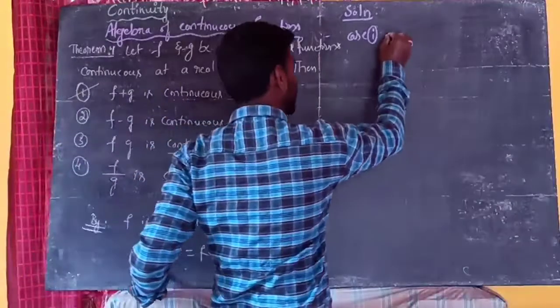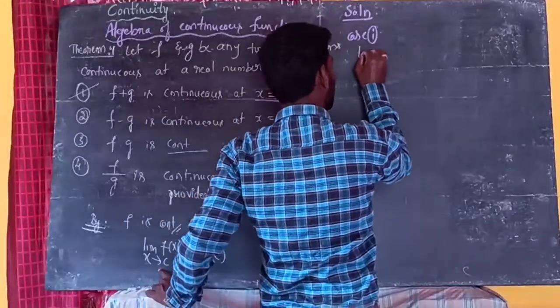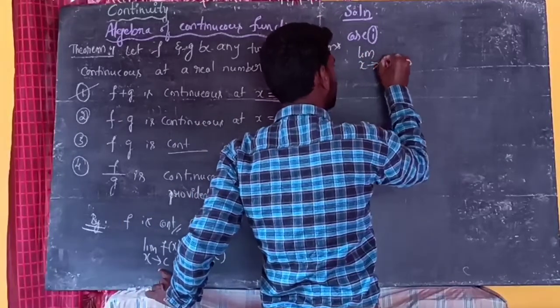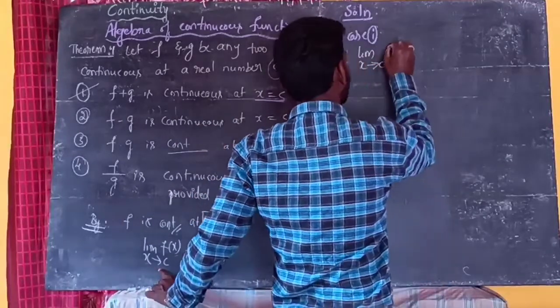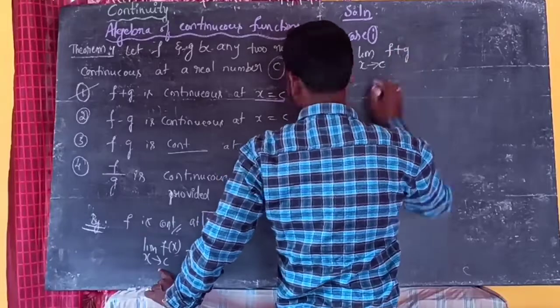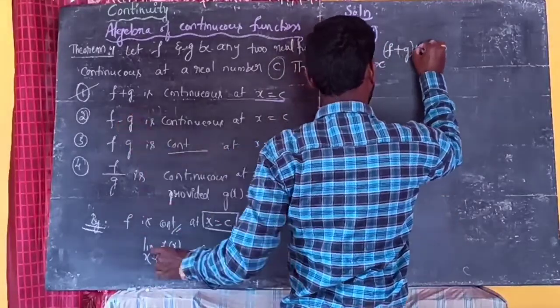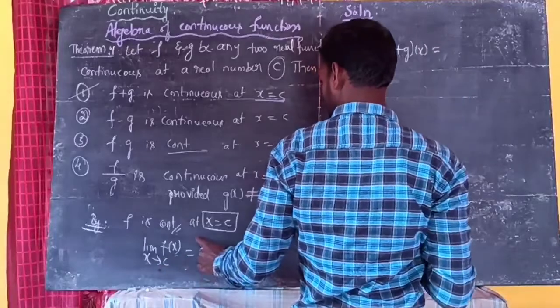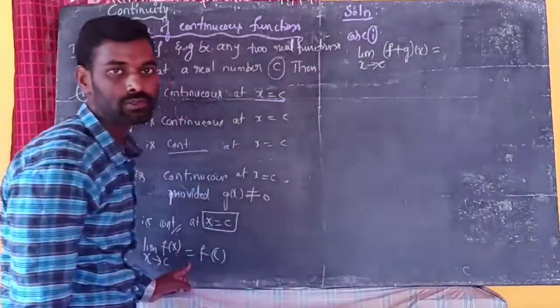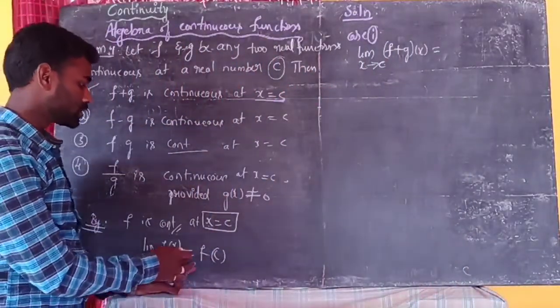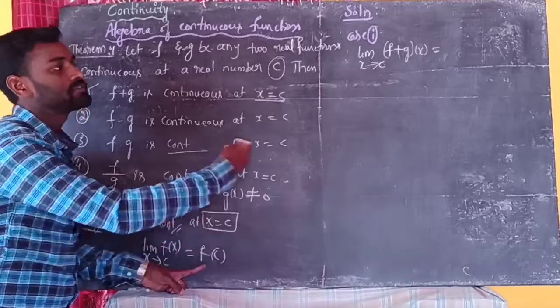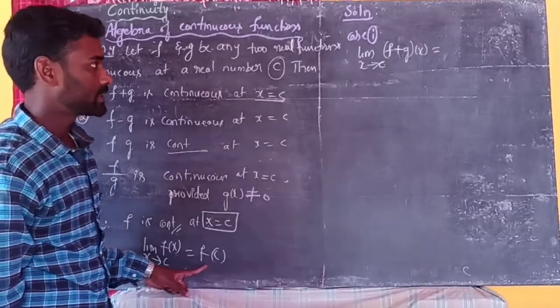That means here, case 1: limit as x tends to c, f plus g in place of f. Here there are two functions; we have to show that limit of (f plus g)(x) is equal to (f plus g)(c).